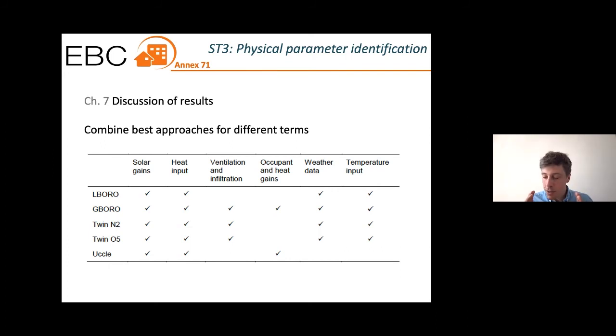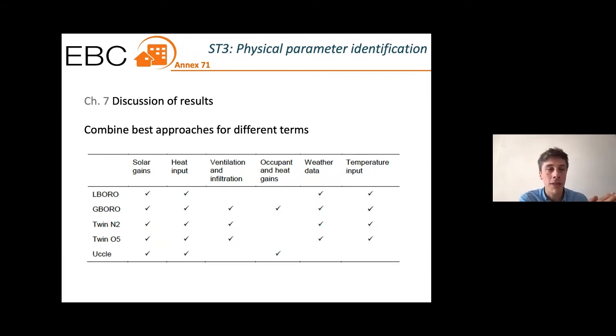Then chapter 7 is a different approach. The last chapter looked at applying, for each of the terms in the building's heat balance, what the impact is of applying different approaches on the case studies. This chapter looked at the different case studies.